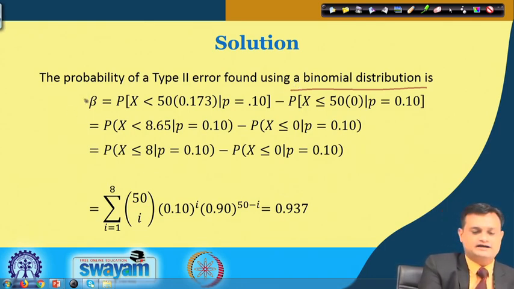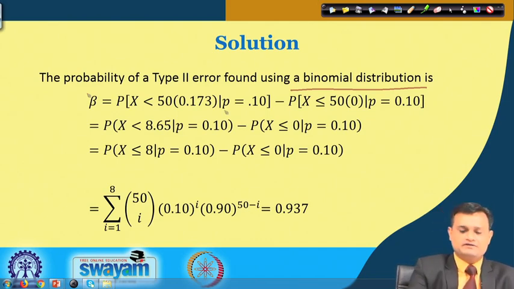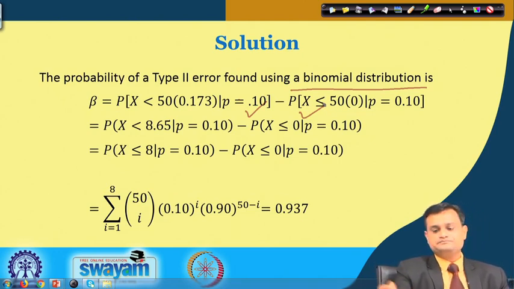So, type 2 error beta is equal to probability x is less than 50.173, you multiply n into p for a given p, and you have 0.1 as the given p, minus probability x less than or equal to 50 into 0. So, your LCL is basically 0 for a given p. So, p is equal to 0.1.